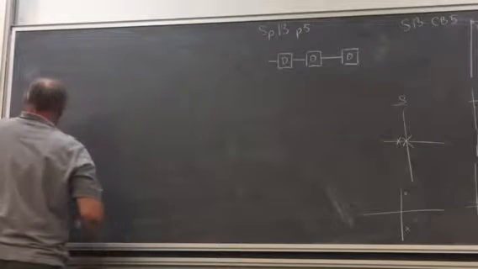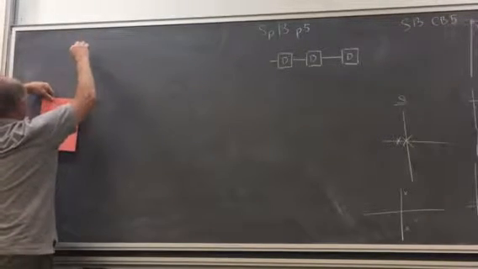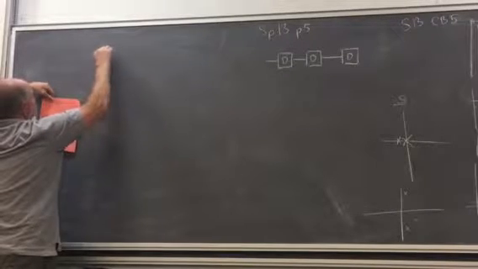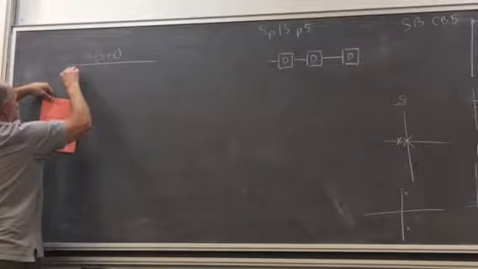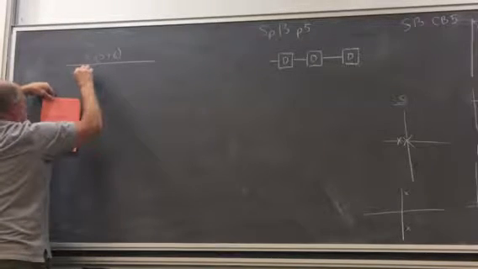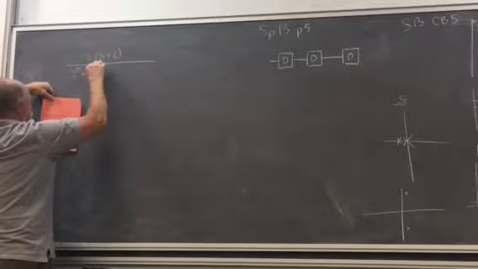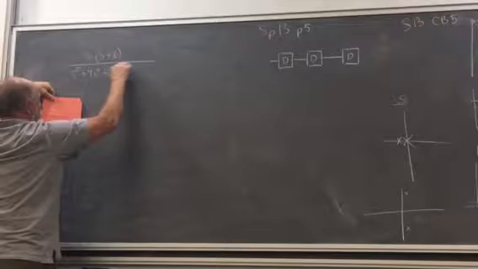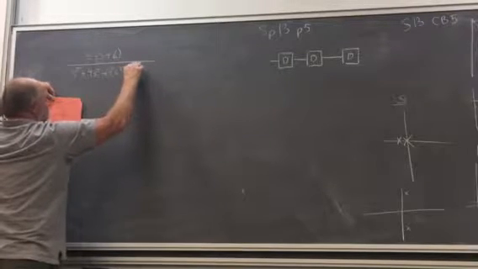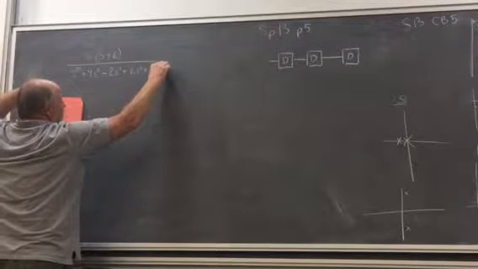So the first transfer function that we got here is S plus 6 over S to the 5th plus 4S to the 4th plus 2S cubed plus 6S squared plus 2S plus 1.